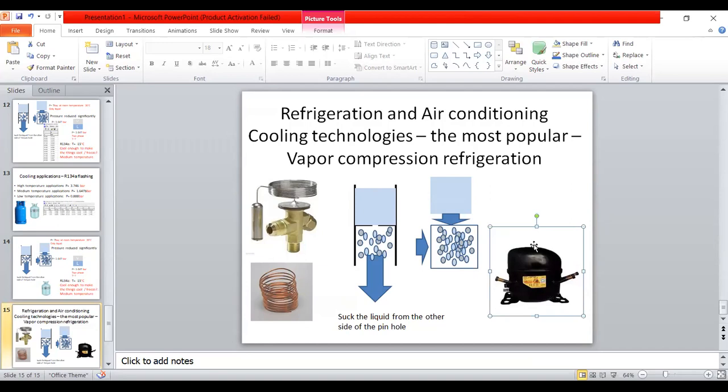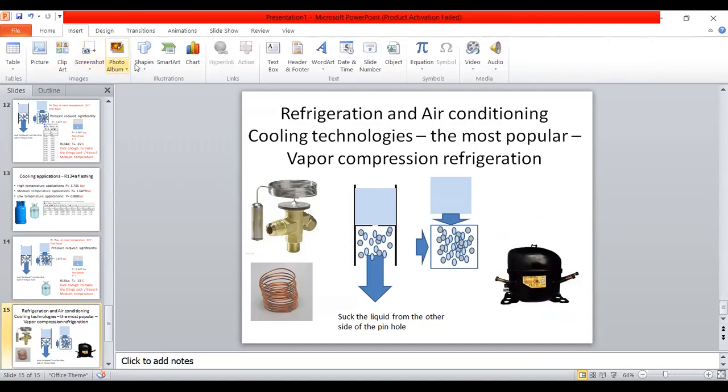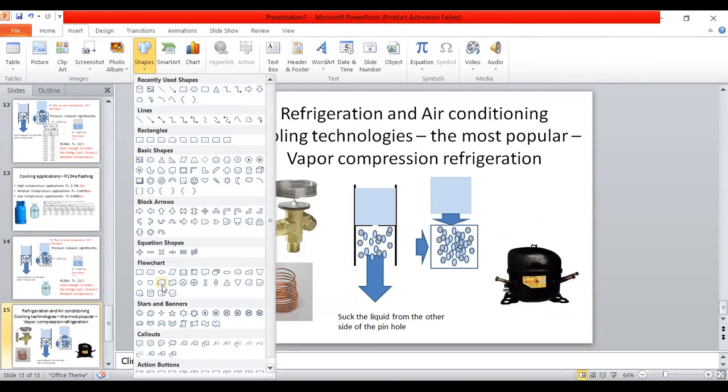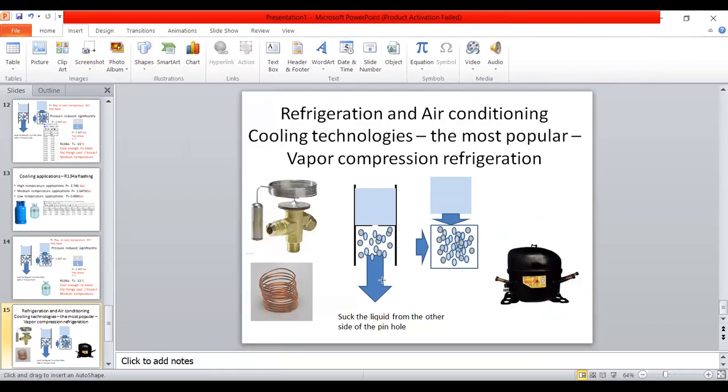When this turns, one side, especially this side, this sucks. Okay, this sucks.